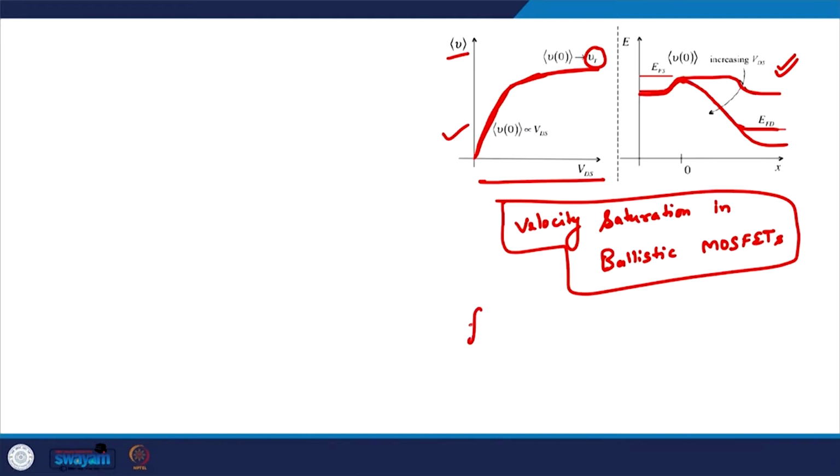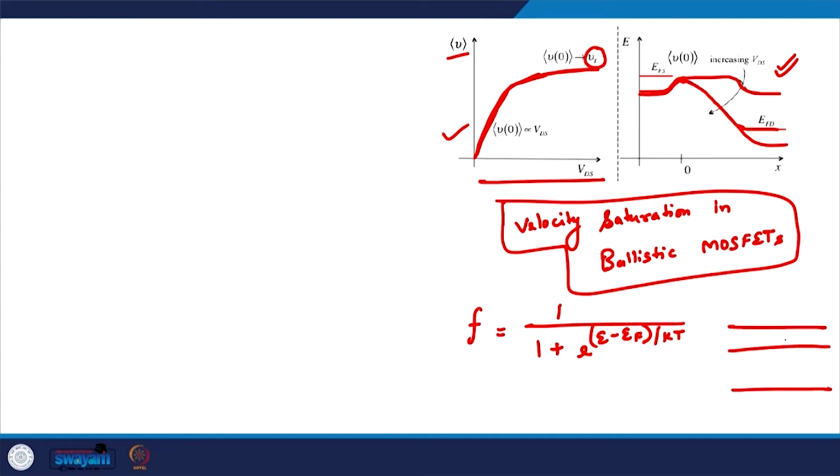As you can see, the distribution of electrons is governed by the Fermi-Dirac distribution, and this is how it looks: f is 1 by 1 plus exponential of (E minus EF) by KT. In a typical semiconductor, when the semiconductor is non-degenerate, the Fermi level is reasonably far away from the bottom of the conduction band.